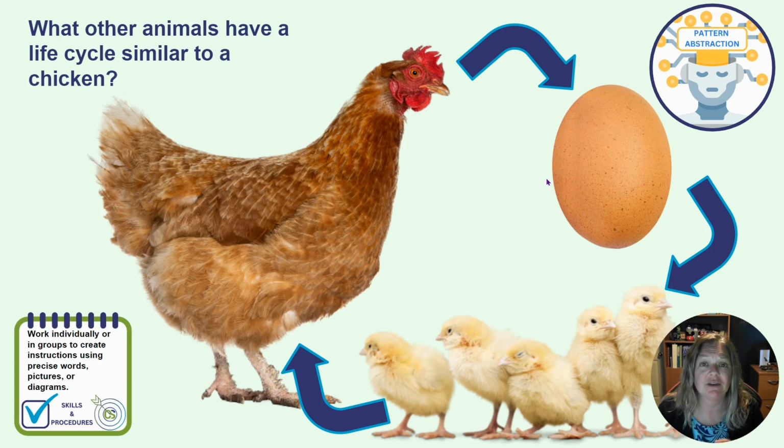Right now, we're actually focusing on its life stages. Does it more or less have an egg, baby, and adult life cycle? What other animals have these types of cycle? Now we're abstracting. We could come up with those instructions for how to put a life cycle in order, and then we would also be covering this computer science outcome about creating instructions again.